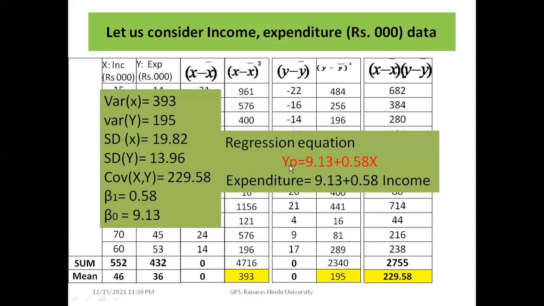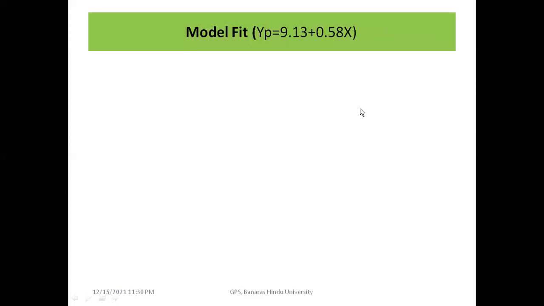So this is the message of this regression line or regression equation. Now we want to know whether the regression model we have prepared is a good fit, meaning whether it is good at predicting expenditure for the income of any person.